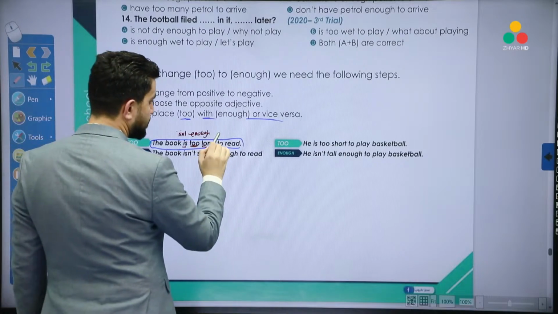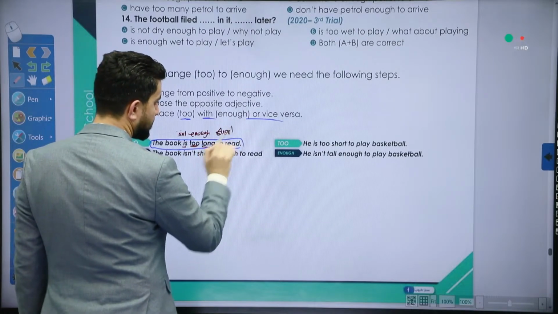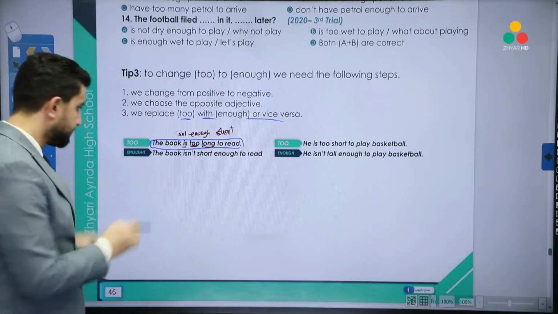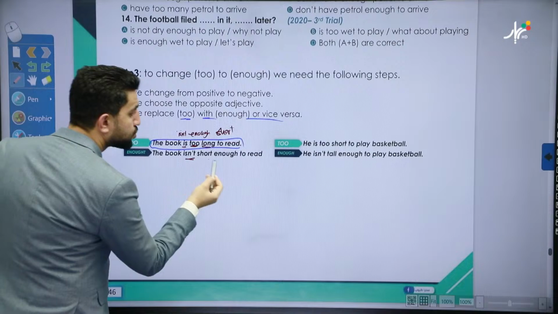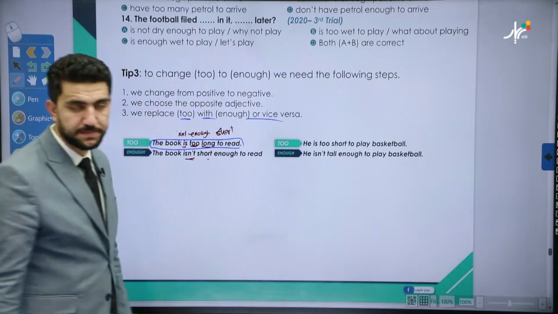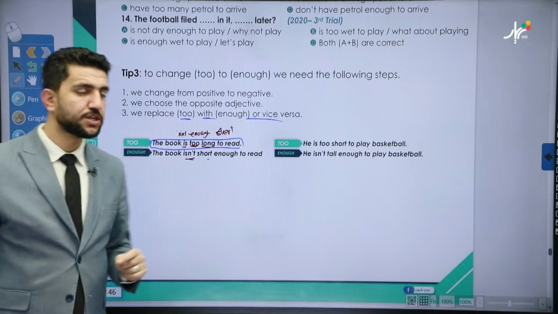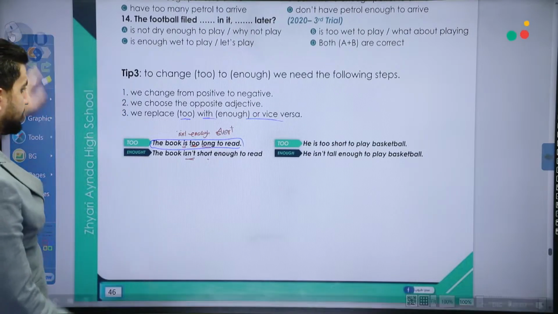Long becomes short. The book isn't short enough to read. It's like this.